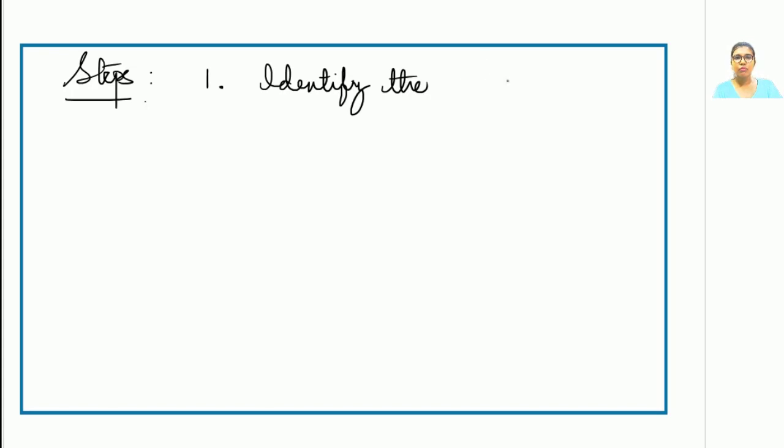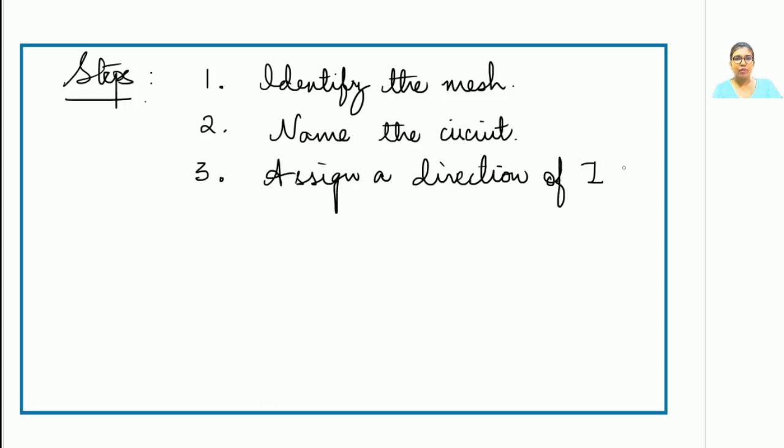Now there are certain steps that one has to follow before beginning the solving procedure. The first one is identify the mesh. What do you mean by the mesh over here? Identify the smallest loop that is present in the circuit. Second is name the mesh. The third part is assign a direction of current in every mesh. Why do we say that you assign a direction of current in every mesh?